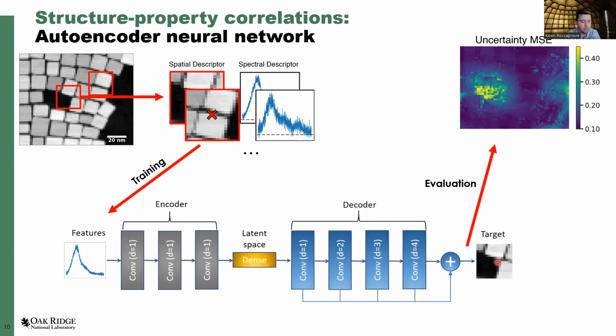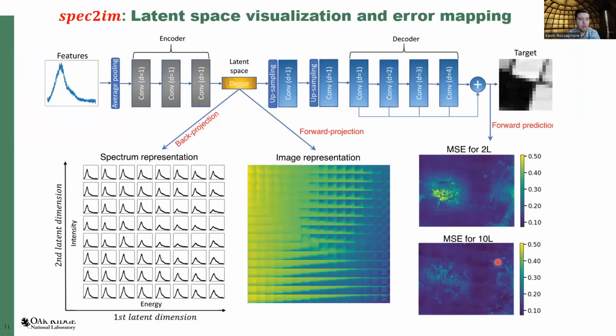We're just reversing features and targets. In this case, the image representation looks a little bit more diffuse or blurred out. So this was naturally a little bit more difficult to understand. And by the way, this is what we're calling spec to im, because we take a spectrum and we get an image here.